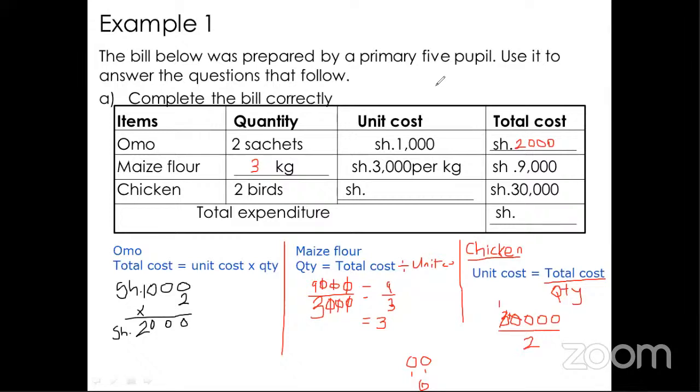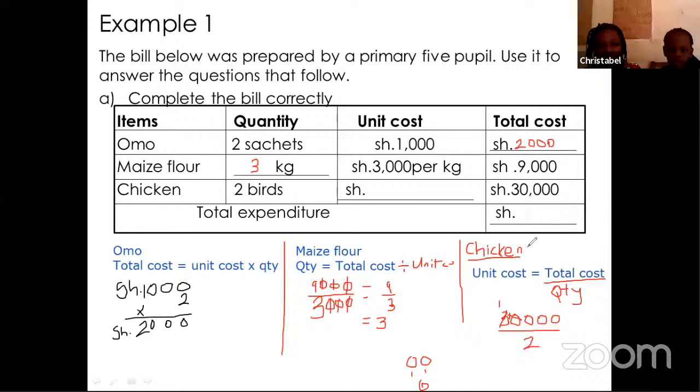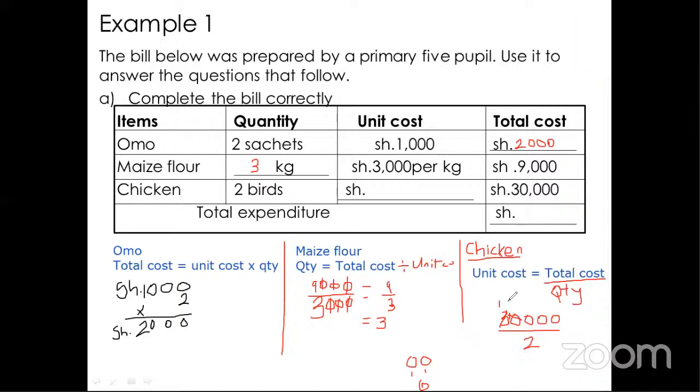Okay, some of you are still dividing 10 divided by 2. Christabel, what is 10 divided by 2? It is 5. Very good. So here we have 5.